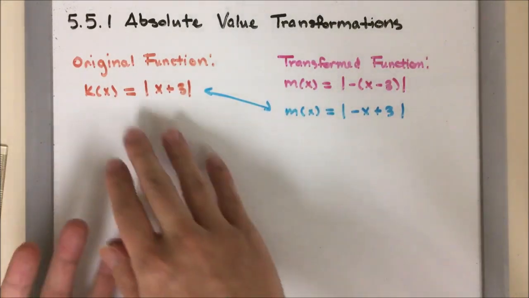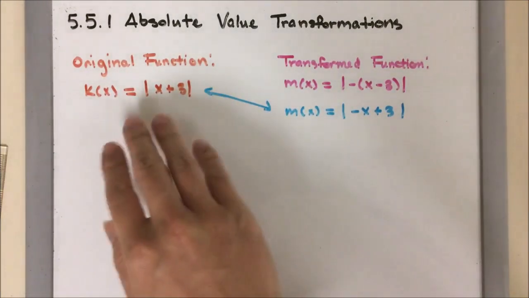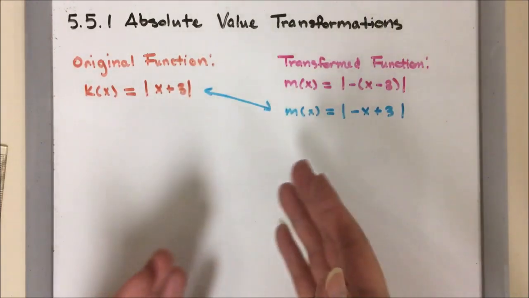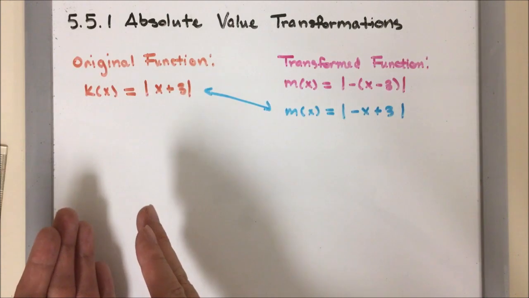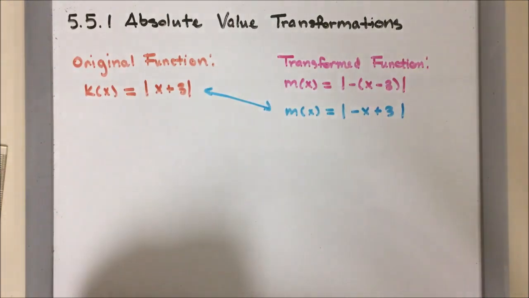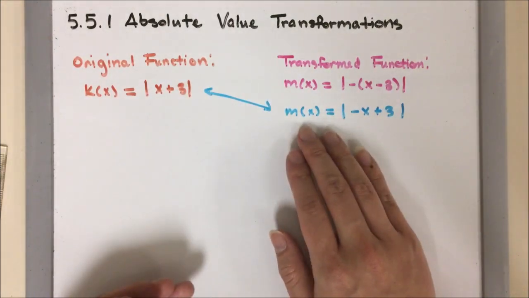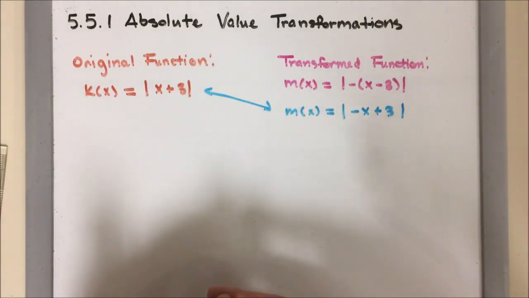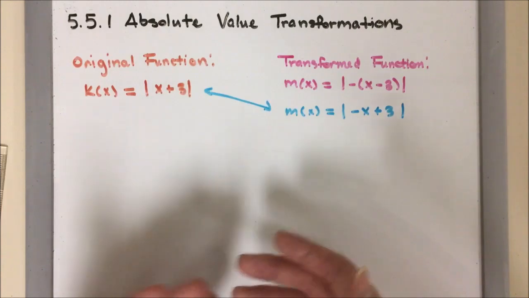So let's talk about k of x. For k of x, when you see x plus 3 inside, that means it translates 3 units to the left. Now, if I were to use the function written in blue, negative x plus 3, you would say that it translates left 3 units.